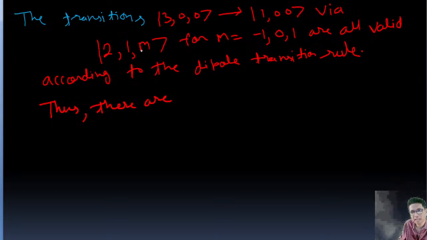So m has three values, meaning three states. One is 3,0,0 to 2,1,-1 and then 1,0,0. Second state is 3,0,0 to 2,1,1 and 1,0,0, and third is 3,0,0 to 2,1,0 and then 1,0,0, right? So three transition states, right?